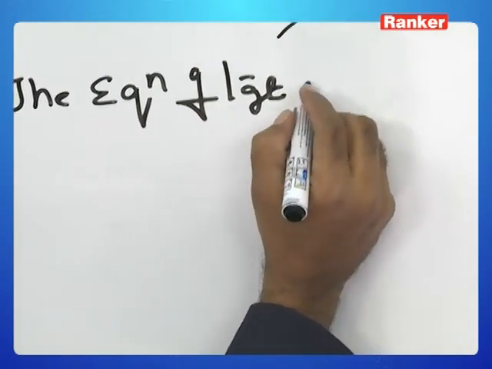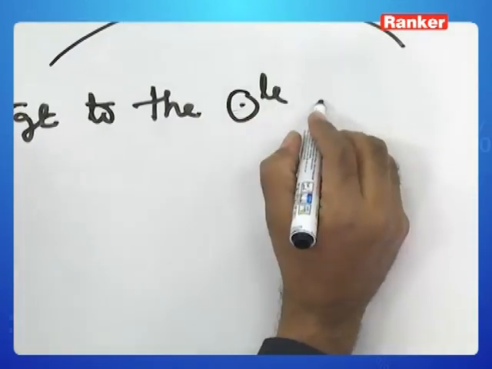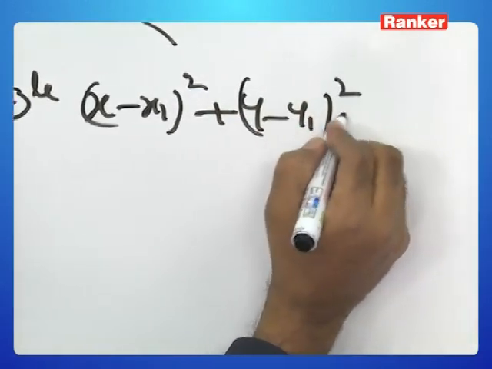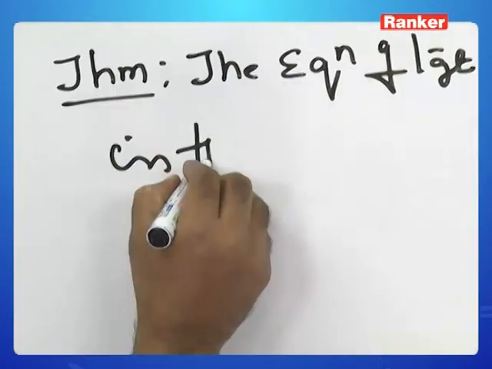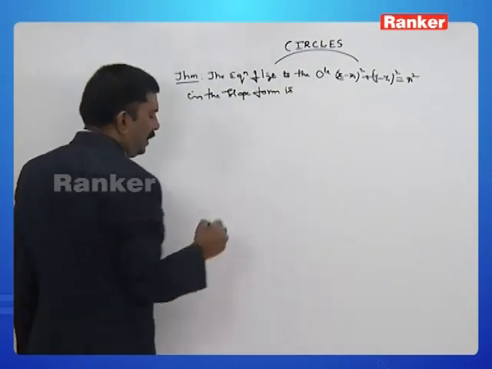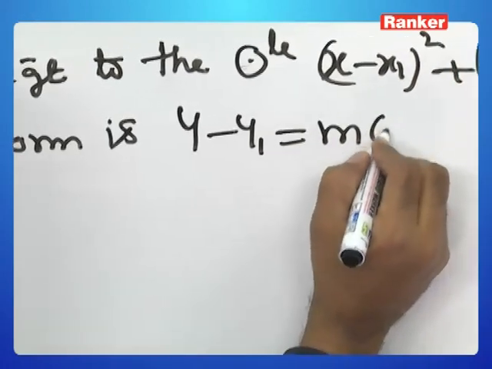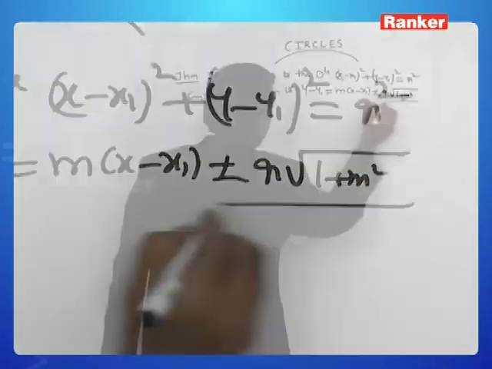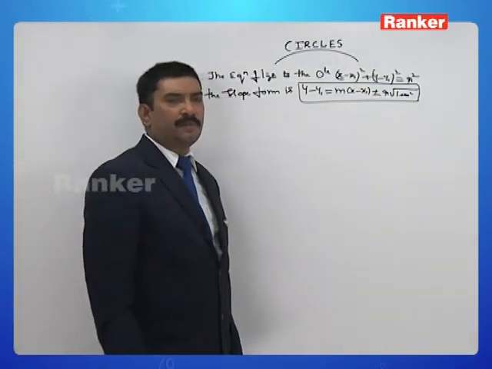The equation of tangent to the circle x minus x1 whole square plus y minus y1 whole square is equal to r square, in the slope form, is y minus y1 is equal to m into x minus x1 plus or minus r into square root of 1 plus m square.